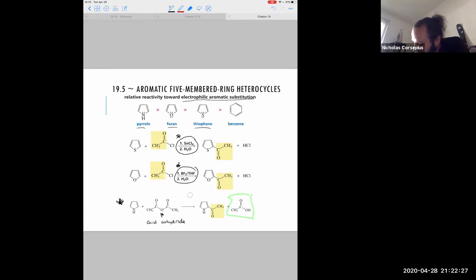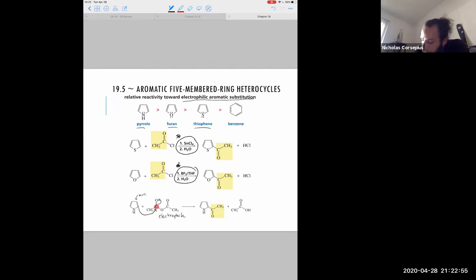So here, if we look at this reaction down here, we have this good electrophile in our carbonyl carbon. So pyrrole will play the role of a nucleophile and attack that. And here we have this good electrophile in this acid anhydride, right?